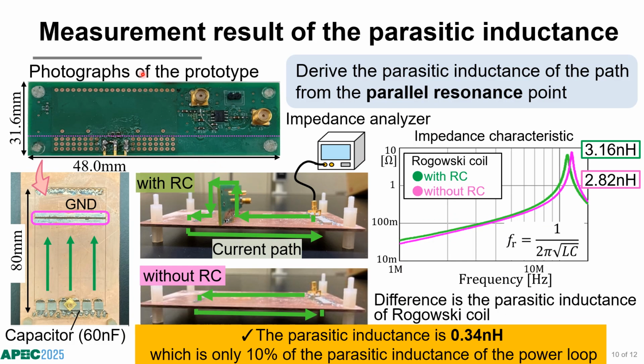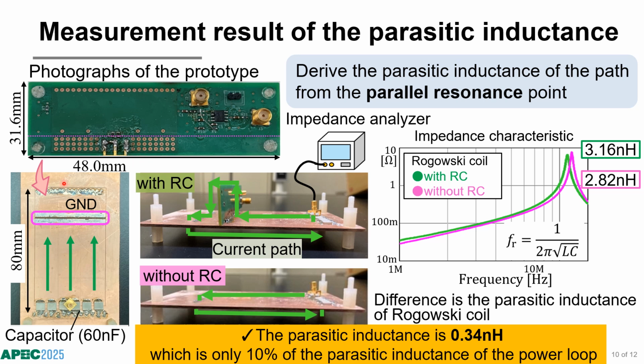So I'll show you the measurement result of the parasitic inductance. Here is a photograph of the prototype of the proposed Rogowski coil. The left side is the current path and embedded coil, and the right side is integrated using APEC.